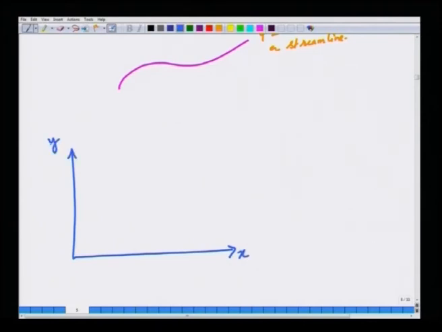So, you have a 2D flow domain in the xy plane. What we mean by 2D flow is that, suppose you have x, y and z, the variation along the third dimension z is very small. So, there is no variation in the third direction. That is the meaning of saying that the flow is two dimensional.